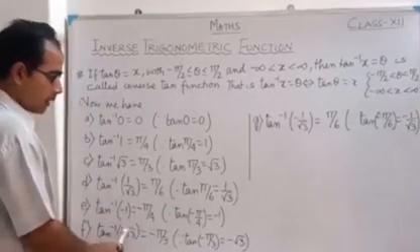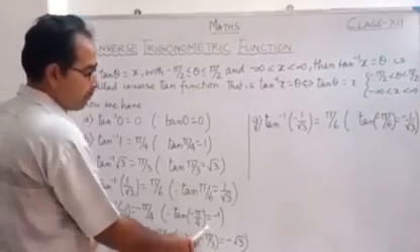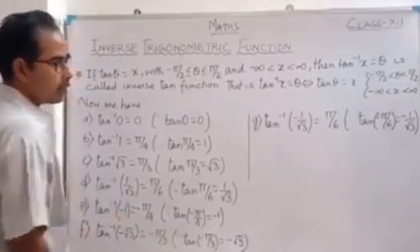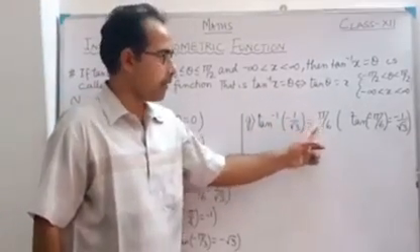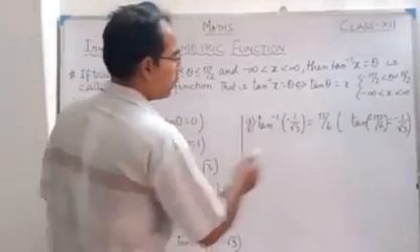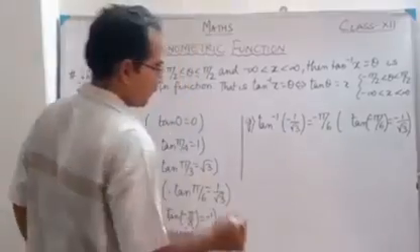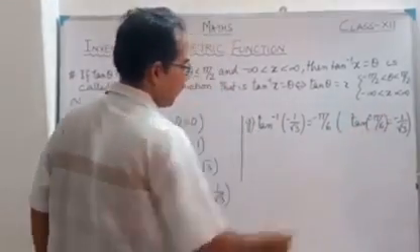Tan inverse minus root 3 equals minus pi by 3 since tan of minus pi by 3 equals minus root 3, and tan inverse minus 1 by root 3 equals, okay, so it will be minus pi by 6 because tan of minus pi by 6 equals minus 1 by root 3.